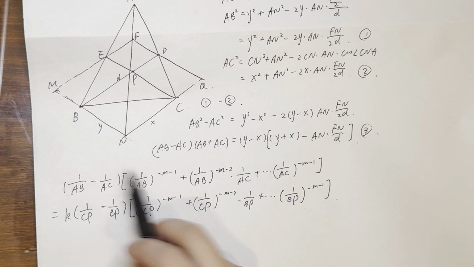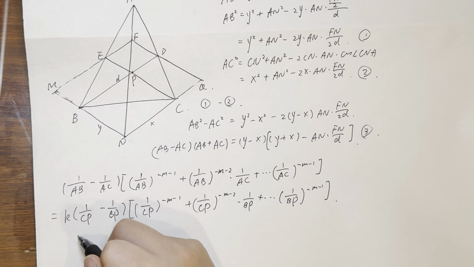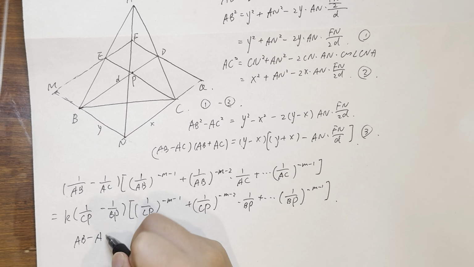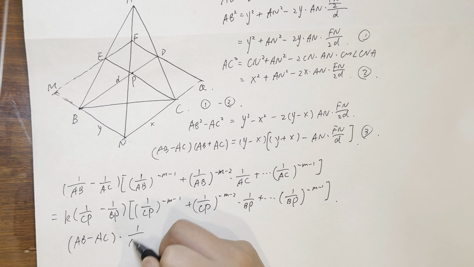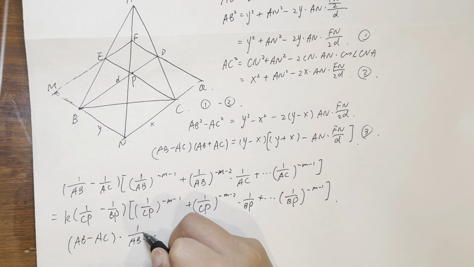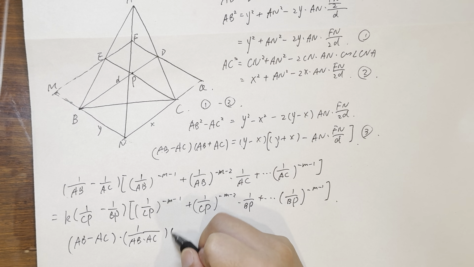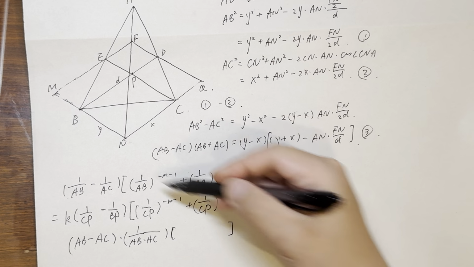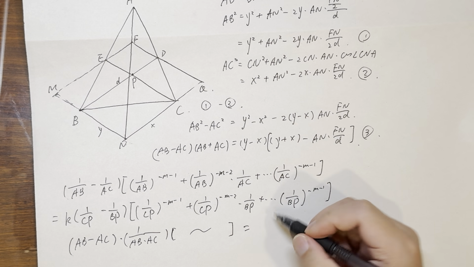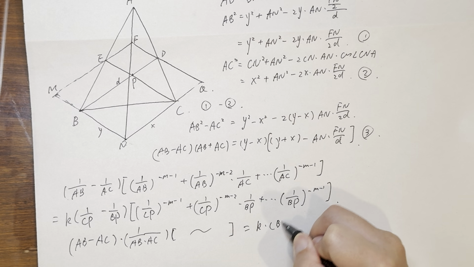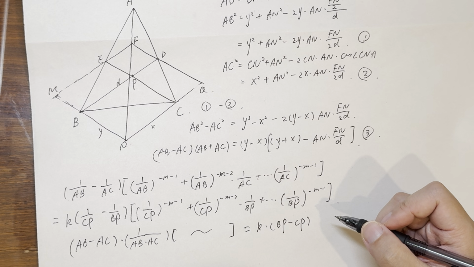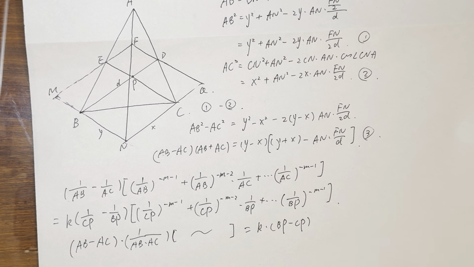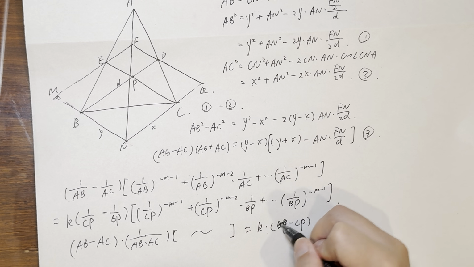Now think about all of this. We have AB minus AC times 1 over AB times AC times all of this equals K times BP minus CP. No, it should be CP minus BP, right?